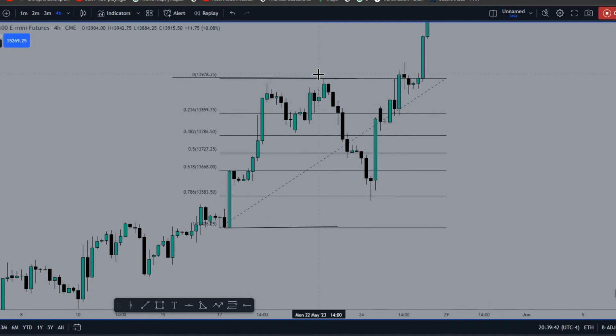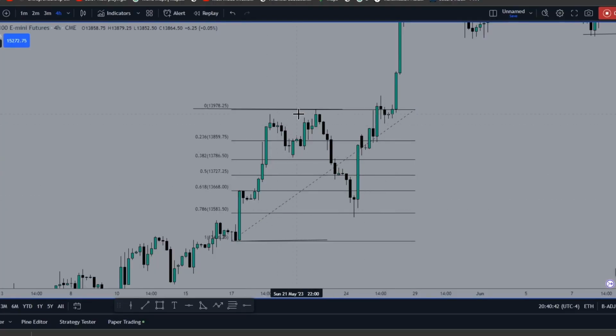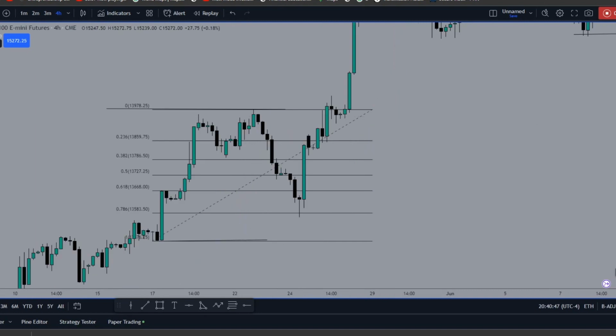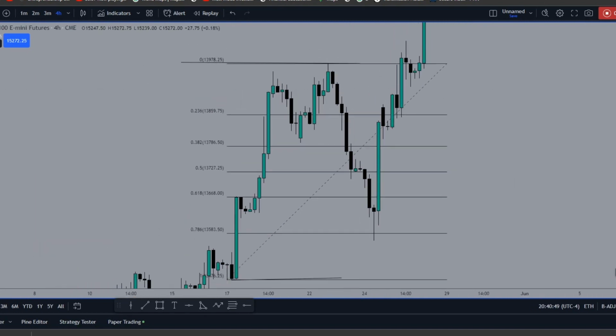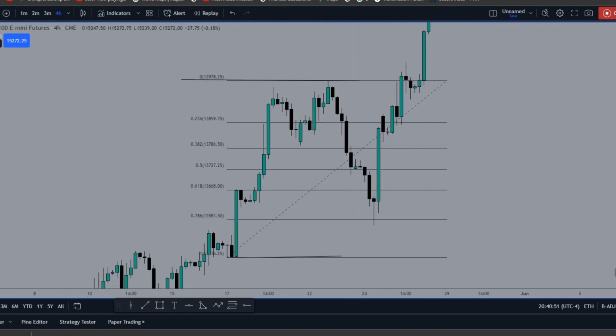So we have this pullback, and then you're going to be watching under 0.5, which would be discount. This whole range, before we had that. So we have this area. This is the 50% of the range.